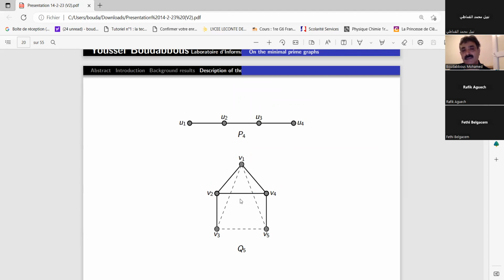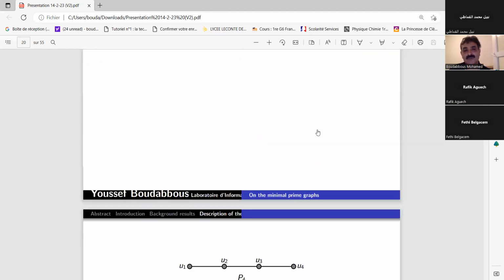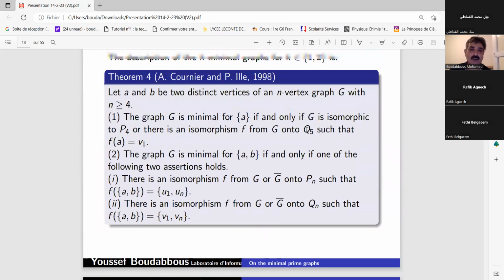This is P4. The result of Hill and Cornet, I give here the two results, k equal 1 and 2, given two distinct vertices of an n-vertex graph with n greater than or equal to 4. The graph G is minimal for singleton A, that is, the graph is 1-minimal, if and only if G is isomorphic to P4, or there is an isomorphism f from G onto Q5 such that f(A) equals V1.